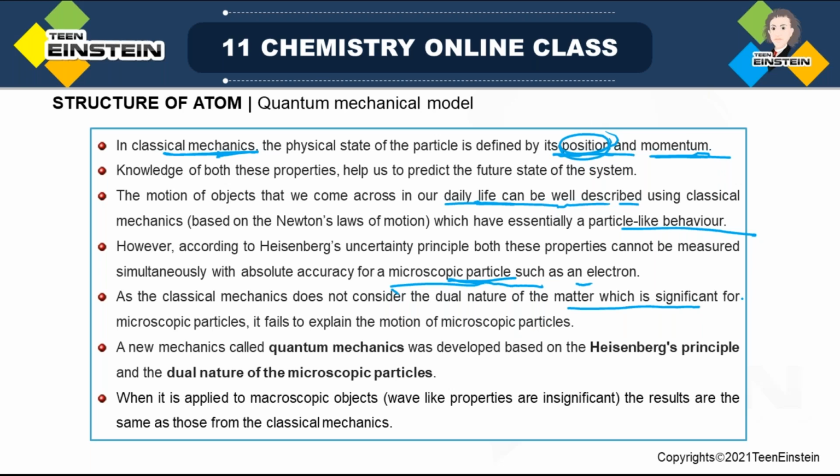So classical mechanics doesn't consider the dual nature of matter, which is significant for microscopic particles, and that is the reason classical mechanics fails to explain the motion of microscopic particles. That is why we need a new mechanics called quantum mechanics, which was developed based on the Heisenberg principle and the dual nature of microscopic particles. These two factors kept in mind, this new model is introduced.